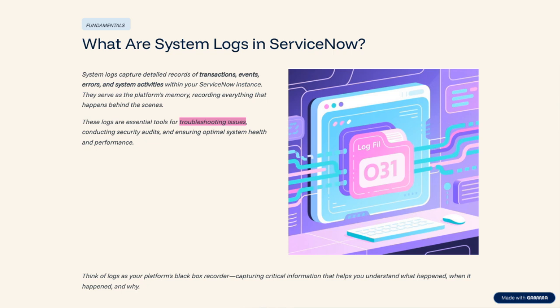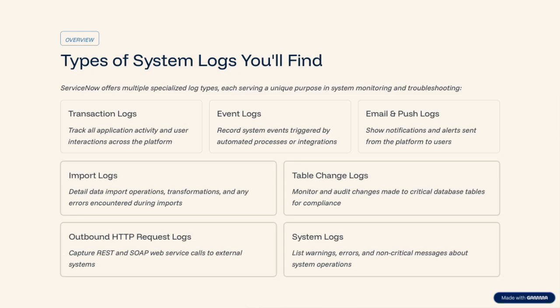This foundational understanding of logs really helps us appreciate how they support the overall health, security, and performance of your ServiceNow environment. Let's take a closer look at the different types of system logs you'll find in ServiceNow. These logs are essential for understanding what's happening behind the scenes and ensuring system health. First, we have the system logs, which list warnings, errors, and non-critical messages about system operations. They help us identify issues early before they become bigger problems.